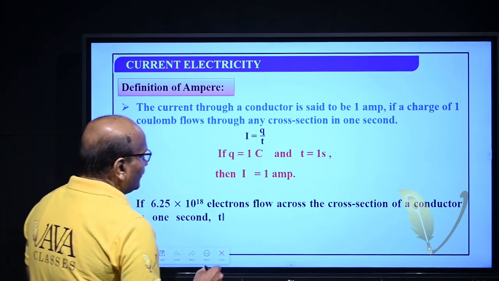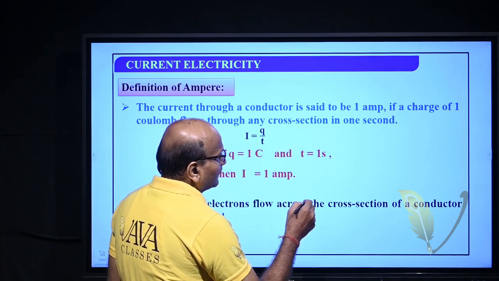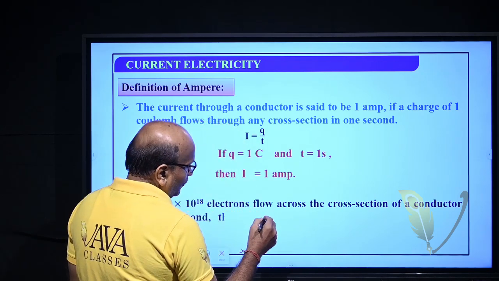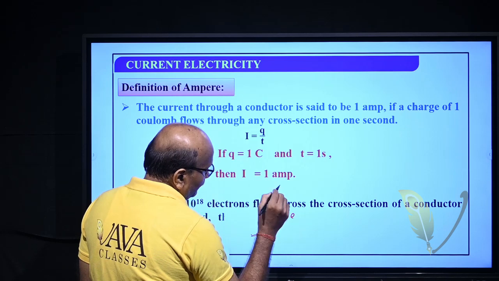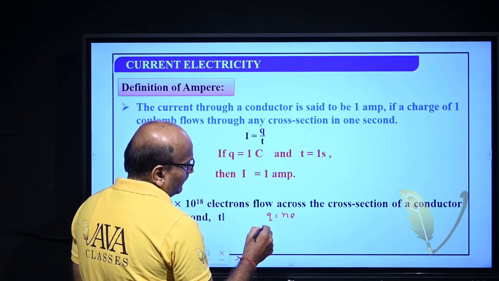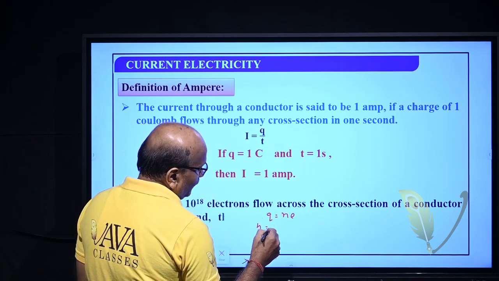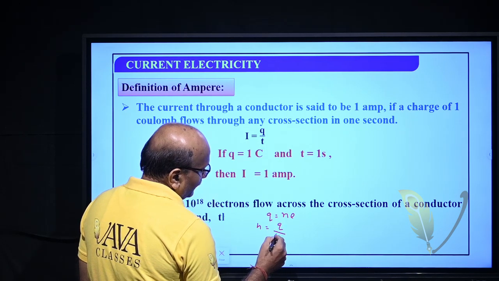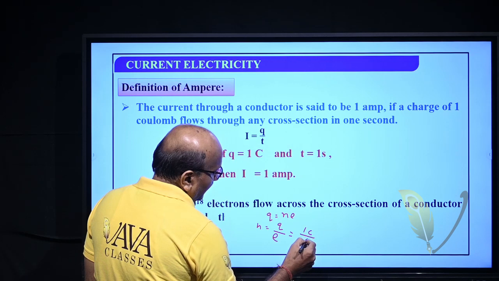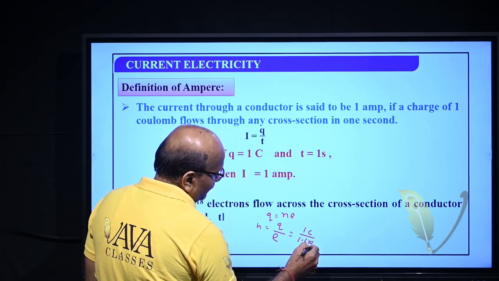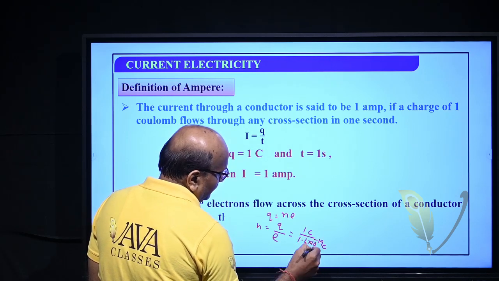How? Because we know Q is equal to number of electrons into e. Therefore, n is equal to Q by e. So, Q is equal to 1 coulomb and e is equal to 1.6 into 10 to the power minus 19 coulomb.